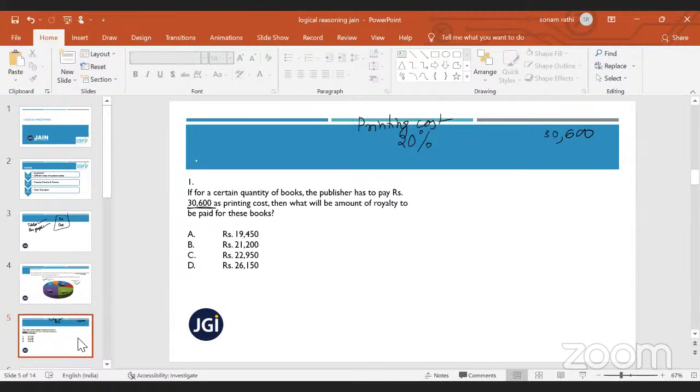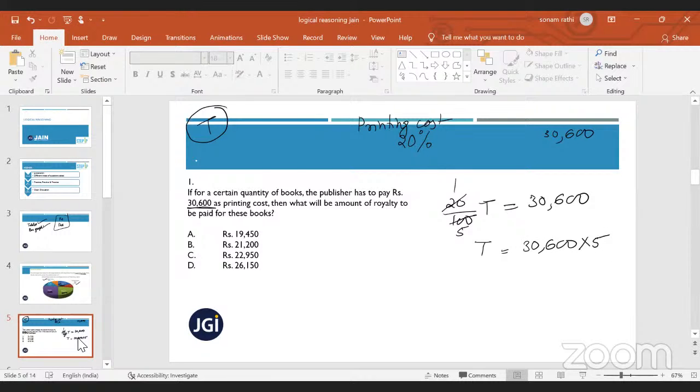Whatever the total amount is, we don't know how much total money is spent, but I know 20% of that total amount is 30,600. So can I find the total amount from here? T is equal to 30,600 into 5, because 20% is nothing but 1 by 5. This will be your total.